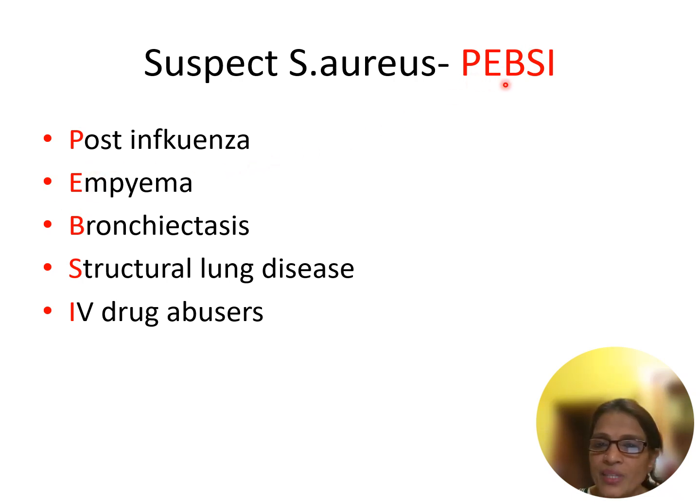Post-influenza, if I give this mnemonic as PEBSI, now this P is replaced by B. So P is post-influenza, E is empyema, if there is empyema thoracis, or B refers to bronchiectasis, and then S is structural lung disease, and then I is IV drug abusers. So in these situations, that is in the context of PEBSI, you have to use antibiotics which can cover Staphylococcus aureus.